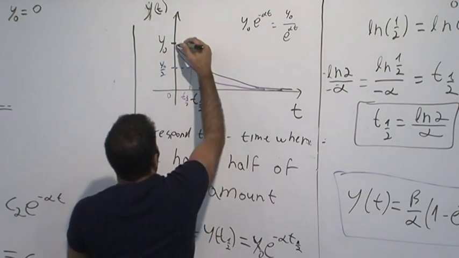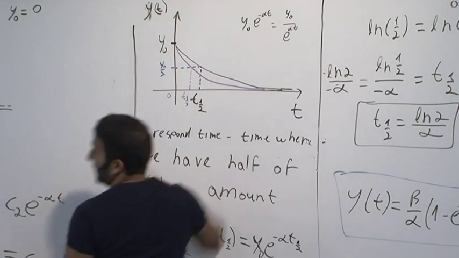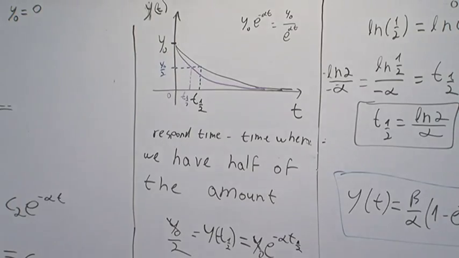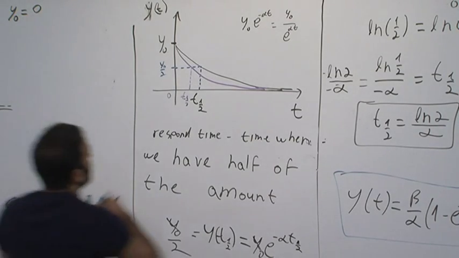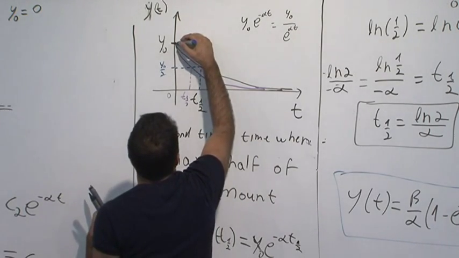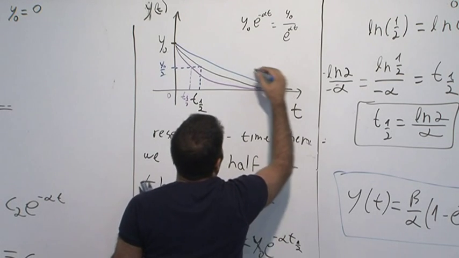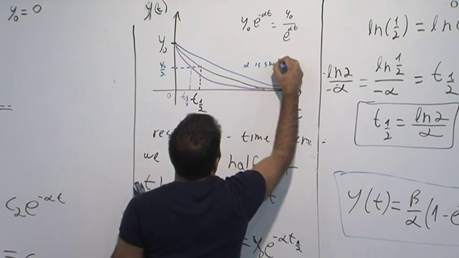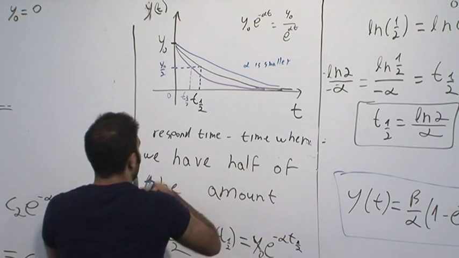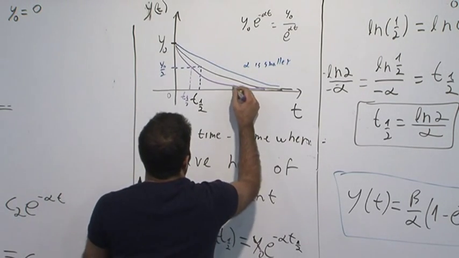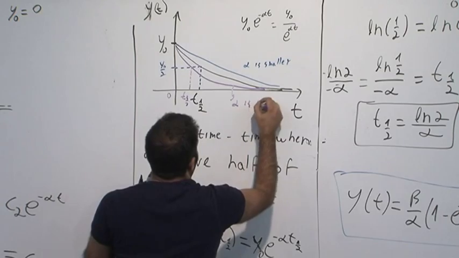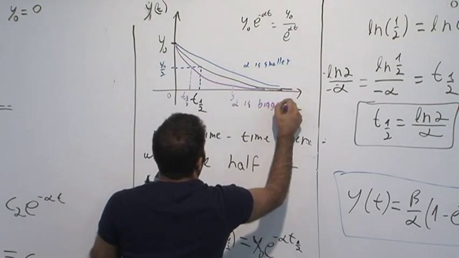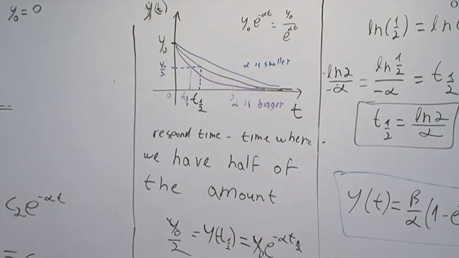If we make alpha smaller, it will look something like that. Alpha is smaller. Alpha is bigger. Okay, so this is one thing I wanted to say.